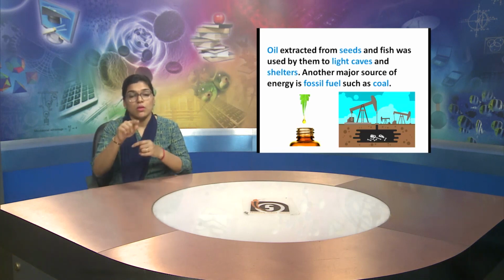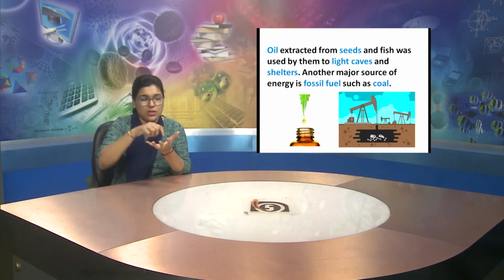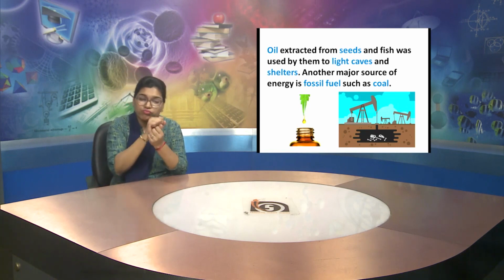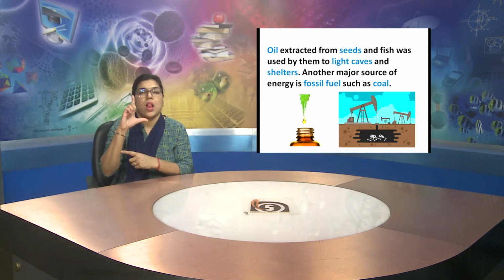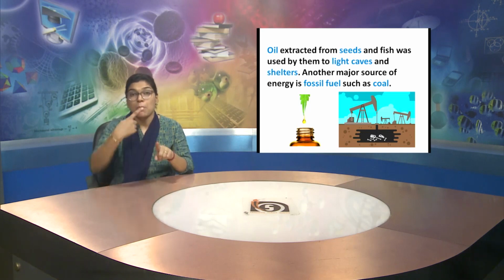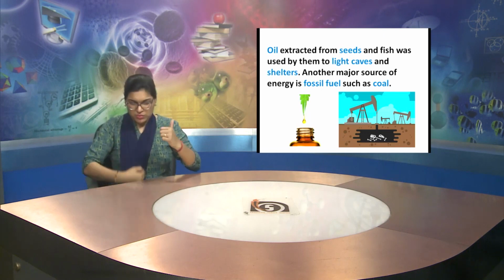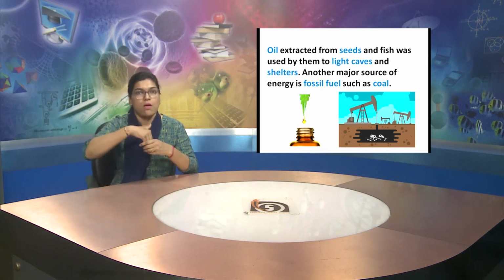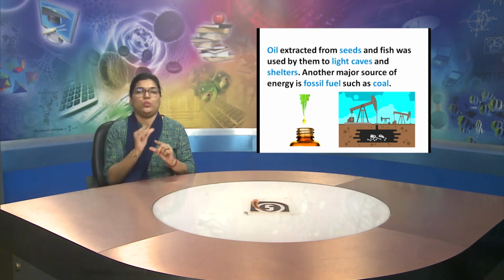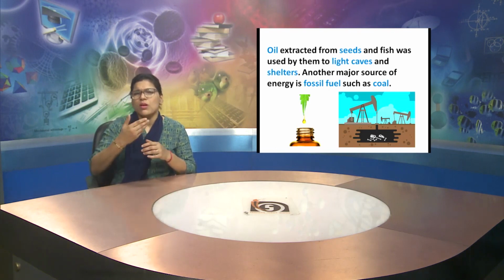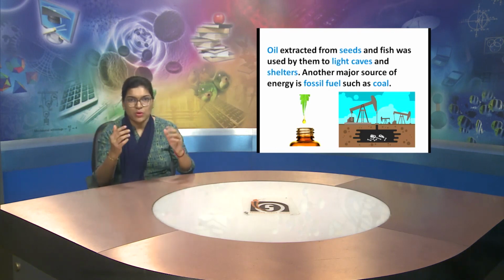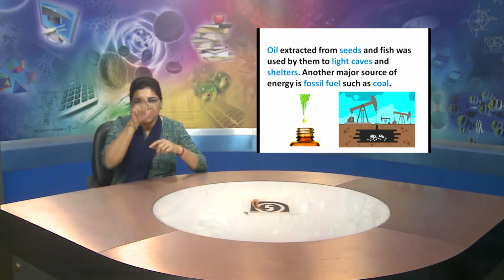Now this is another form of energy. We all know that seeds are very useful, and oil can be extracted from seeds, and also fish oil was used by the primitive man to light caves and have shelter.